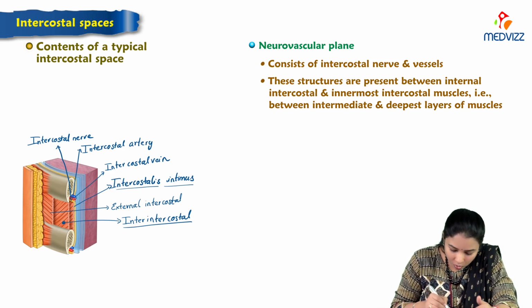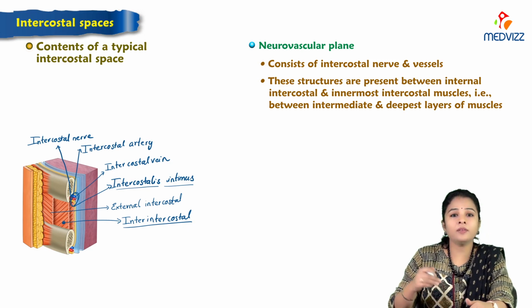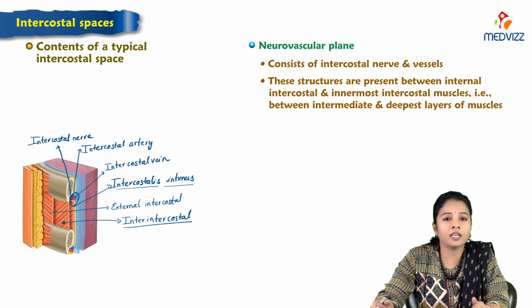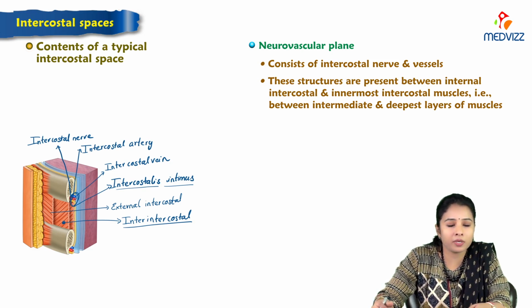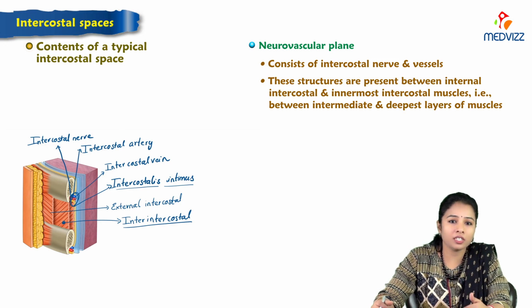Between these two muscles we find this neurovascular bundle, which is the neurovascular plane of a typical intercostal space. I'll repeat again, it lies between the internal intercostal muscle and the innermost intercostal muscle.